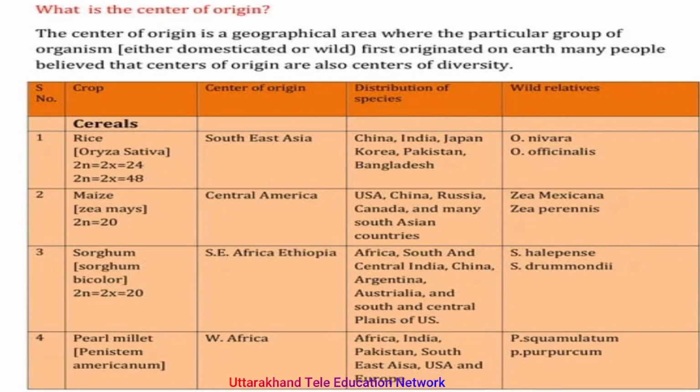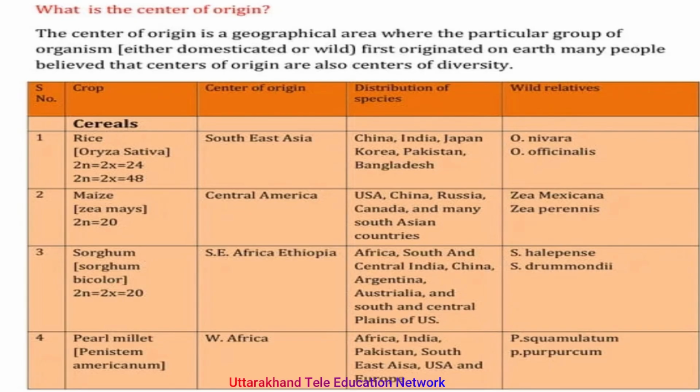Center of origin is Southeast Africa, and distribution of species are Africa, South and Central India, China, Argentina, Australia, and South and Central plains of US. And wild relatives are sorghum halepense and sorghum drummondi.